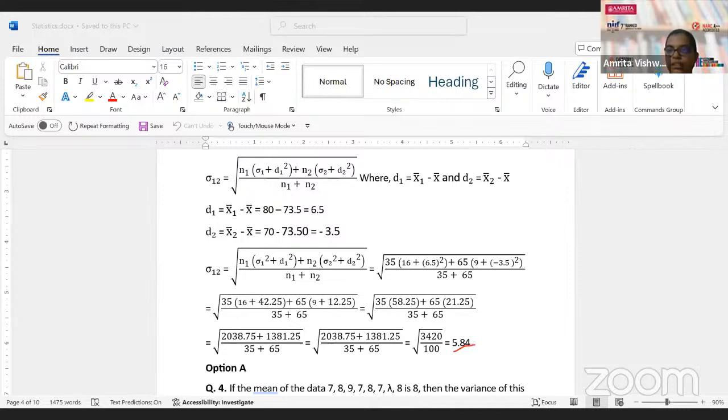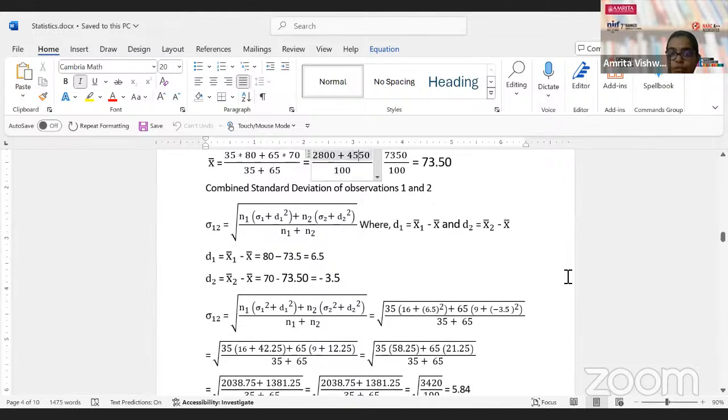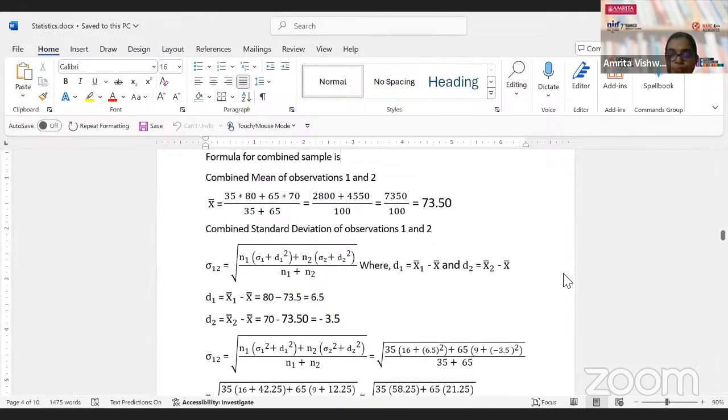In the same question, you could see something like 5.58 also as an option. I'll just show this question once again because for some students this might be something new, but it's completely fine. You just have to refer to the formula. This one, no, because I forgot to add the square.